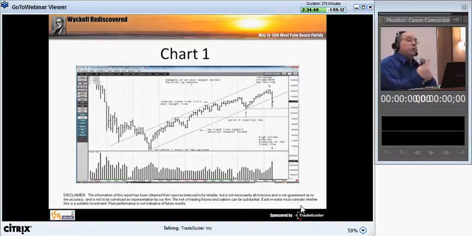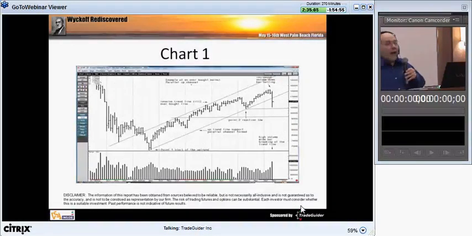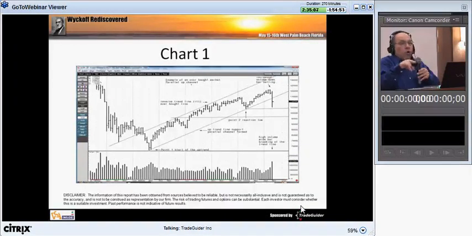Why did he contain the range? Because if he allowed the market to rally big time up, guess what would have happened? He would have had to fight more people being long because the funds would have bought it. So he decided to keep it in a very small range, but they gave you the clue of that bar. It's obvious, and this is recent, and we'll go to current charts too. Effort versus result.